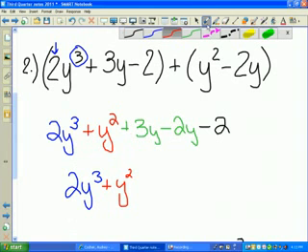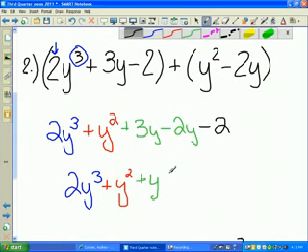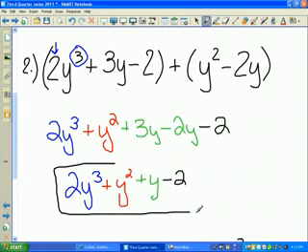And then in green, I have 3y minus 2y, which will give me a positive 1y, or I can just simply write plus y. And then I don't have any more constants, so I'm just going to simply write negative 2. So my solution to this will be 2y cubed plus y squared plus y minus 2.